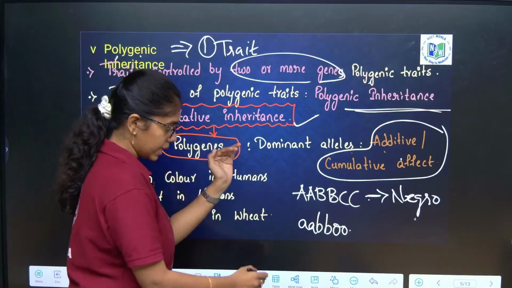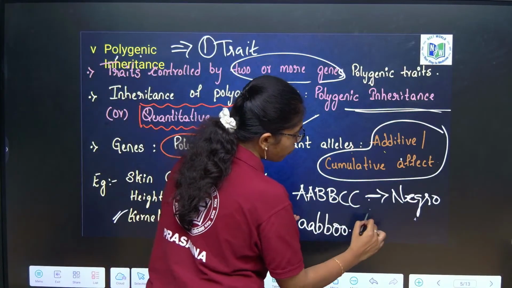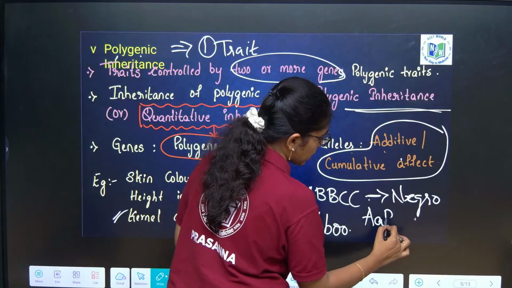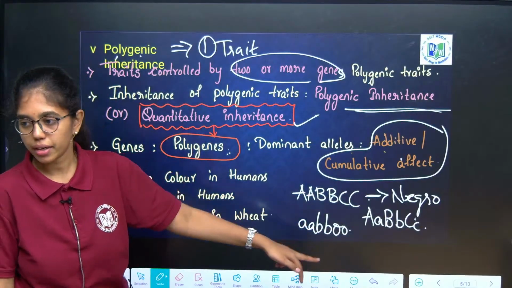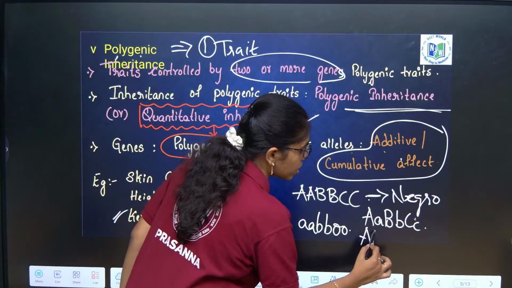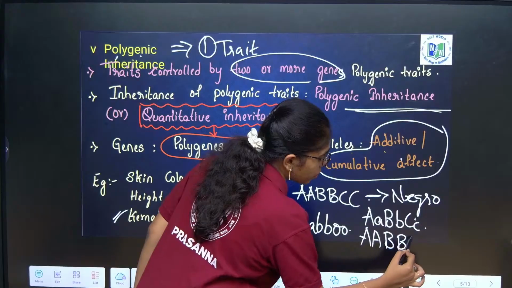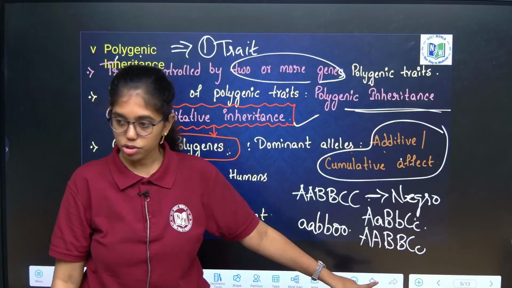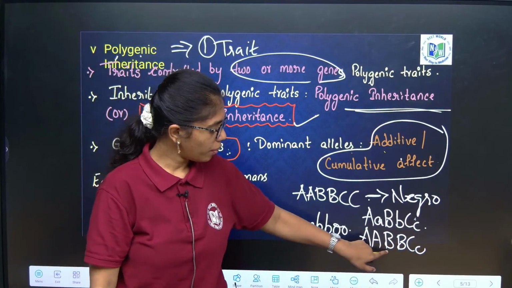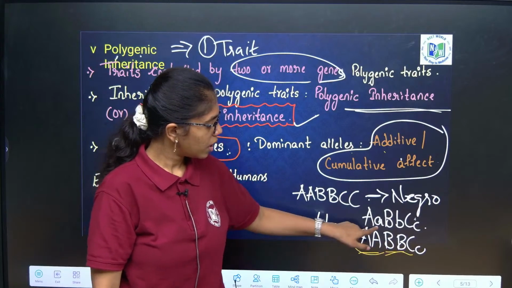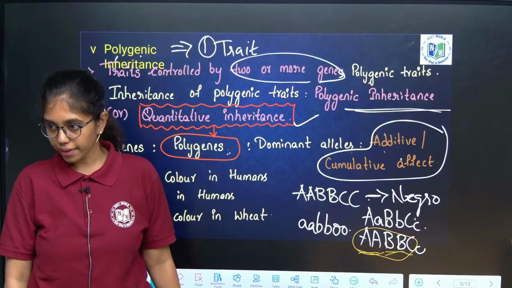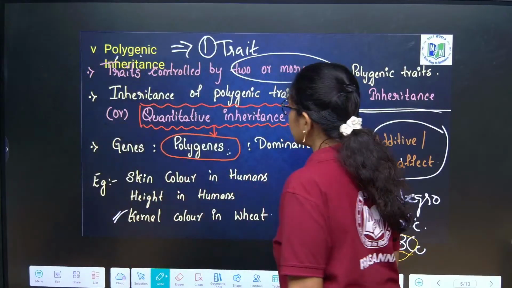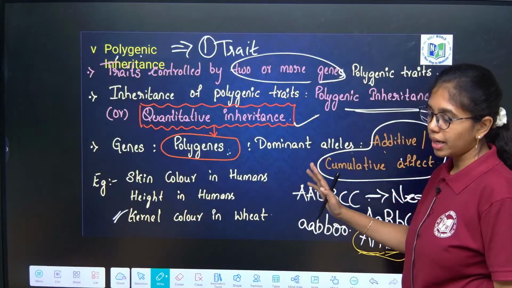But with the combination of dominant alleles, if this is the condition, they will be intermediate. But if this is the condition, they will be more dark. So here dominant alleles are showing cumulative or combined effect. Understood? Clear, right? So this is polygenic inheritance.